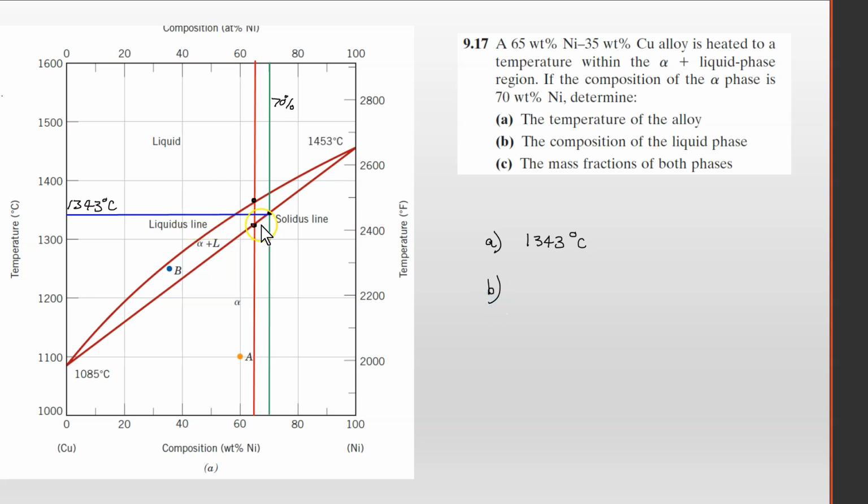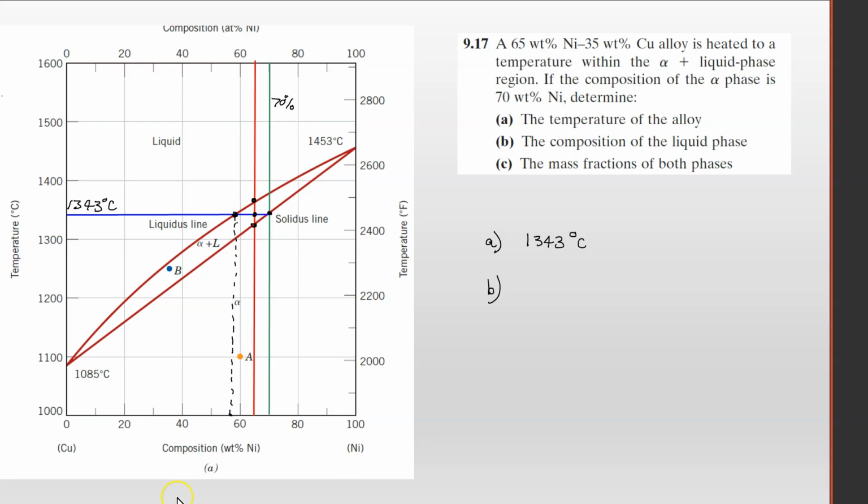Now it's asking for the composition of the liquid phase. Well, there's two phases in equilibrium. We can draw the tie line for this average composition and temperature, and the tie line will extend until it hits the next phase boundary, which is right here, which is the liquidus, and the composition of the liquid will be given where the vertical that we drop from there intersects with the x-axis right there.